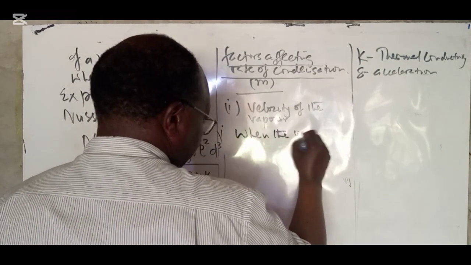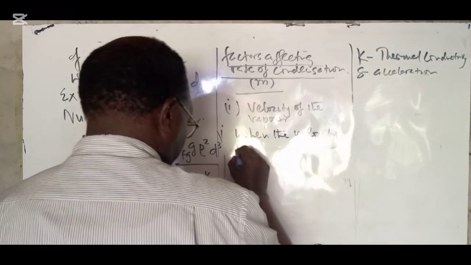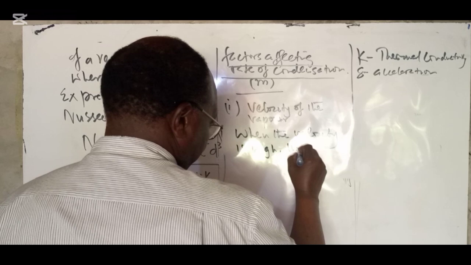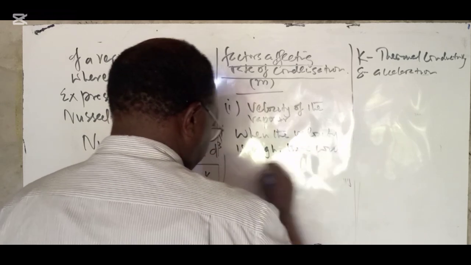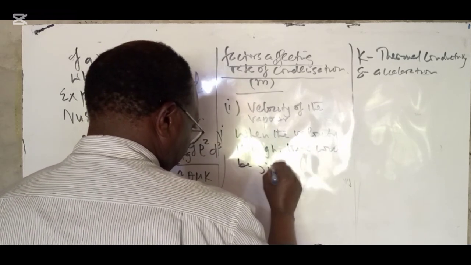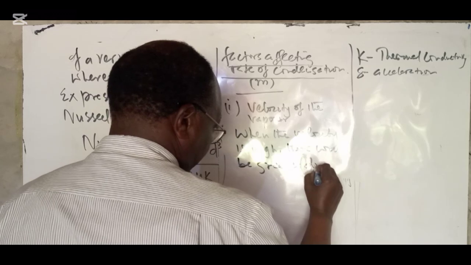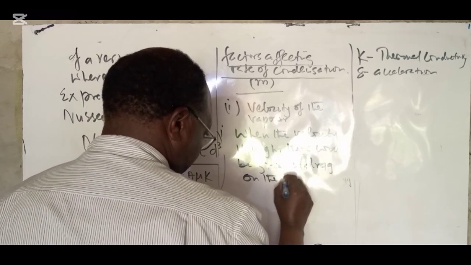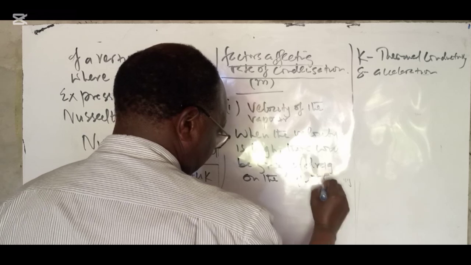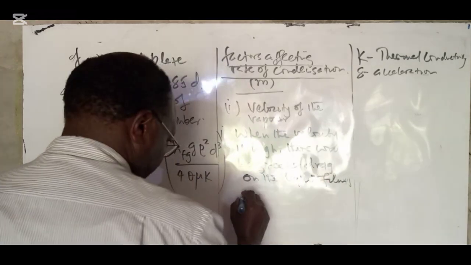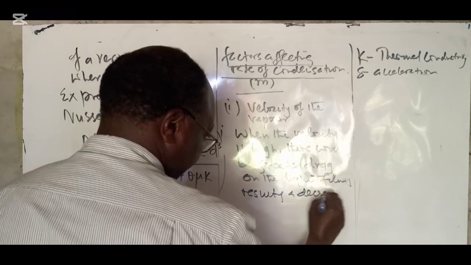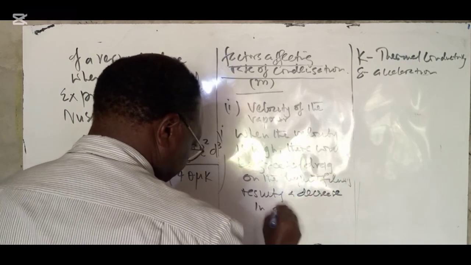When the velocity is high, there will be greater drag on the liquid film, resulting in a decrease in sigma.